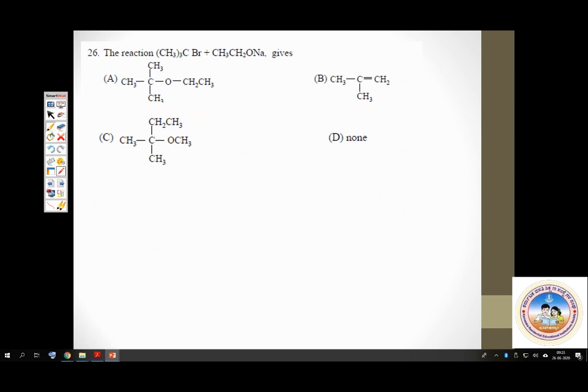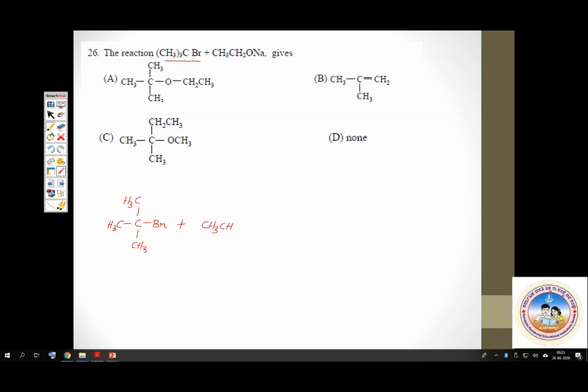So here you have a tertiary alkyl halide and an alkoxide. Will it give you ether? Remember, here the bigger R group is bulky. The bigger bulky R group should have been the alkoxide.